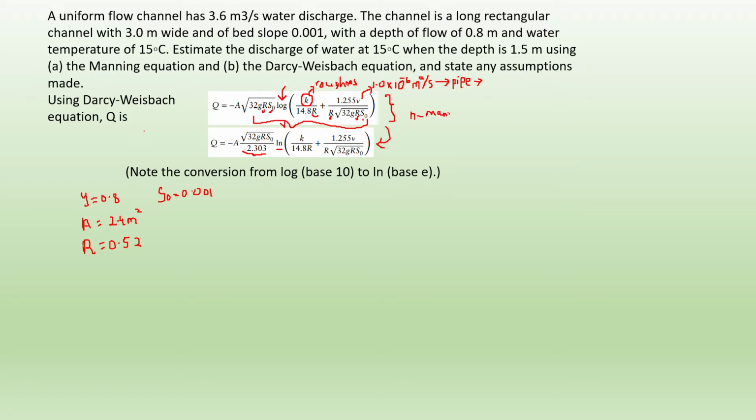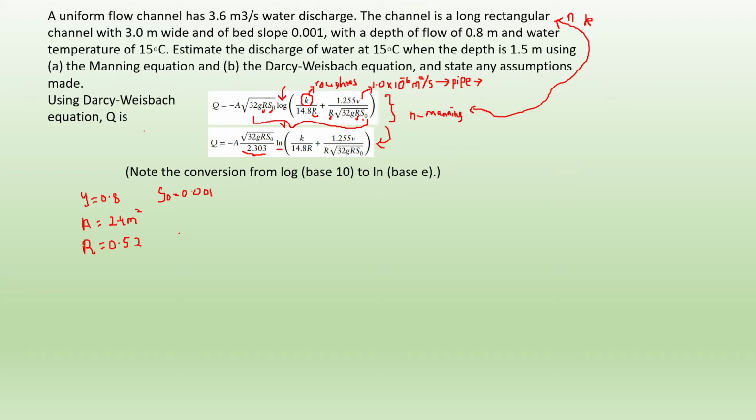The only information we know is that it is a rectangular channel, but we do not know the roughness. So our task now is to find this roughness in the Darcy-Weisbach equation.